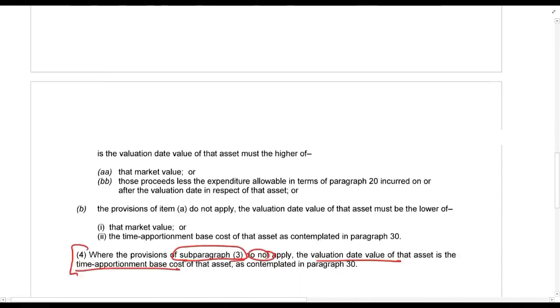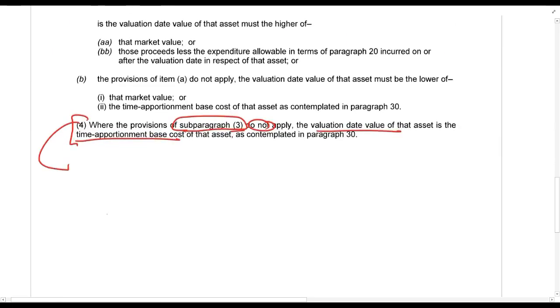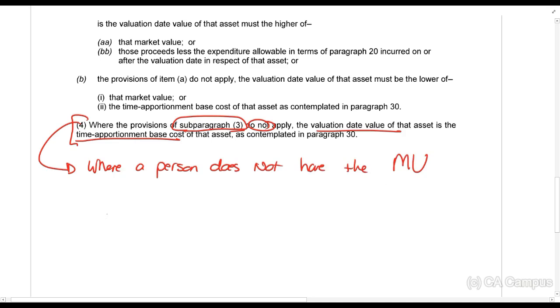So, in other words, subparagraph 4 means where a person does not have the market value. If you don't have the market value, you will always just use time apportionment base cost.